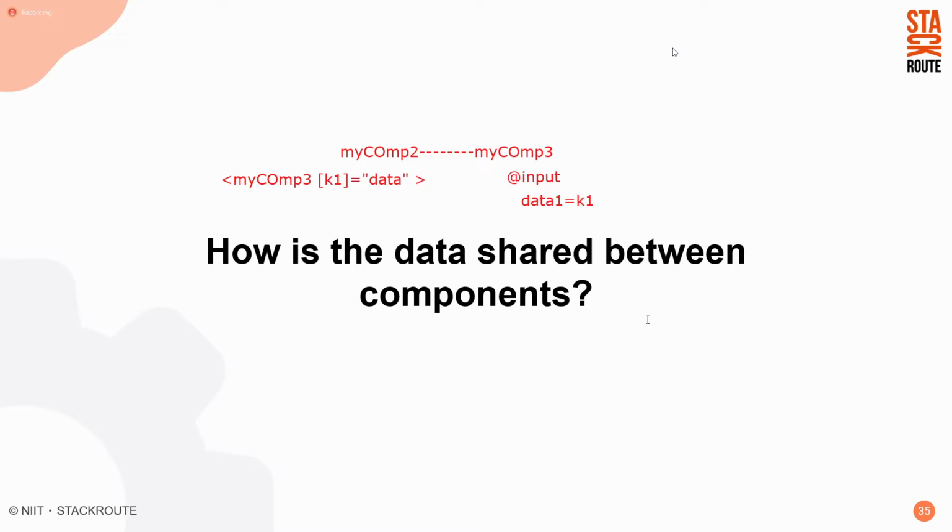Let me do a simple demo. In comp2, we are calling comp3 by passing data via property binding k1. Assume it's a key. This key I can capture in my component 3 by placing an annotation, what? @Input. Shall we try the same? Take time, analyze. I'll do a simple demo.